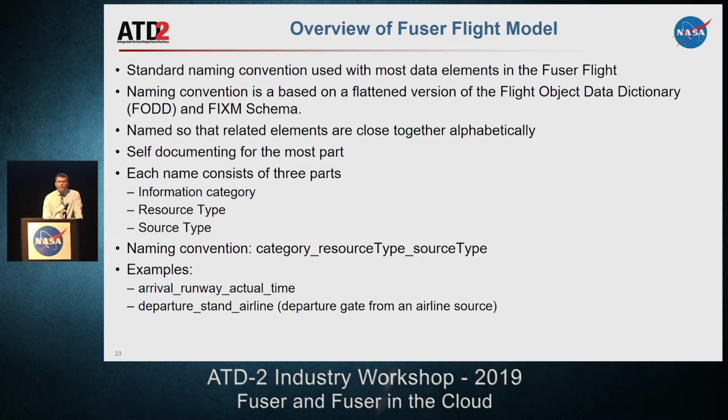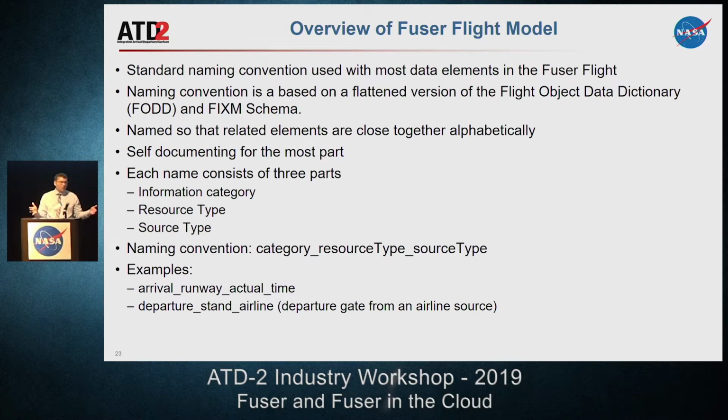I touched on it earlier. Our fuser is a common definition we're trying to use across the whole thing, and it is based on FIXM, but really, really flattened. So in FIXM, you might have a flight, arrival, runway, and an actual time element, all nested down. For us, it's just arrival, runway, actual time.